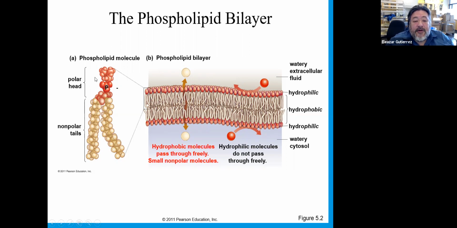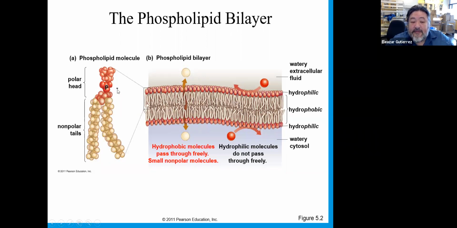So here's our phospholipid molecule, okay? And again, this is review. We've addressed all those before. Here's the glycerol backbone. Here's the phosphate, okay? That phosphate is very electronegative. Hopefully you remember that. And electronegative means that this has a net negative charge.